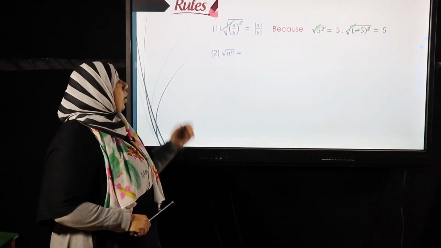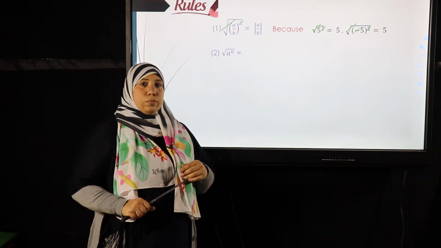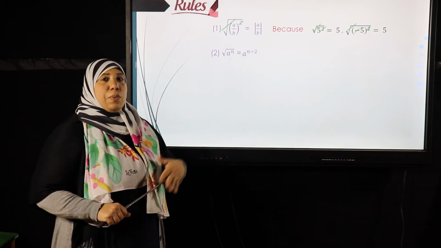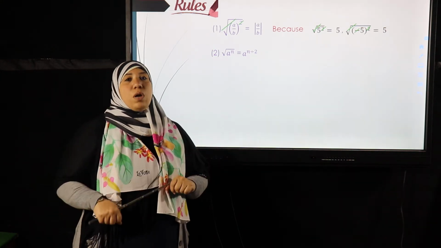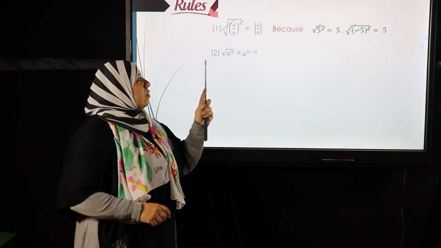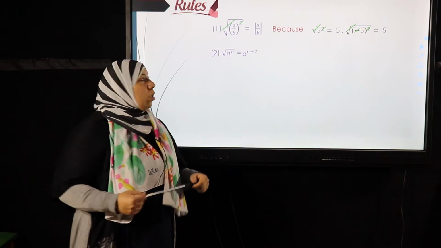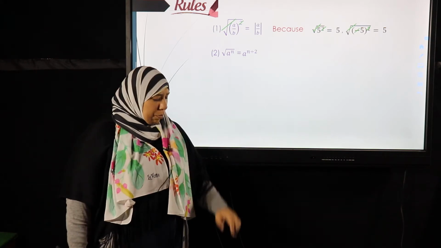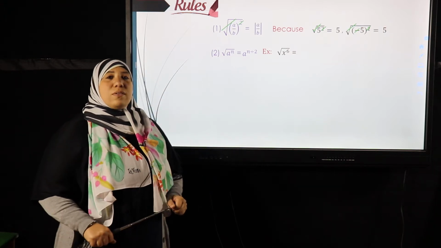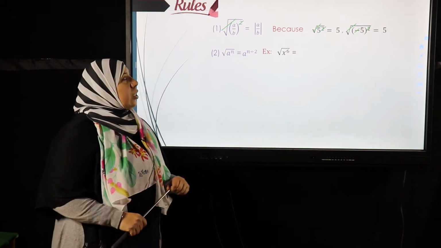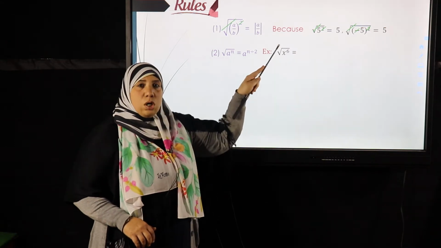The second rule: if I want to find the square root of any other power, not 2. We said in number 1, if the power is 2 or square, it will give me the positive value of the number itself. But if there is any other power, it should be an even power, and we divide it by 2. For example, if I want to find a square root of x power 6, we divide the power by 2.